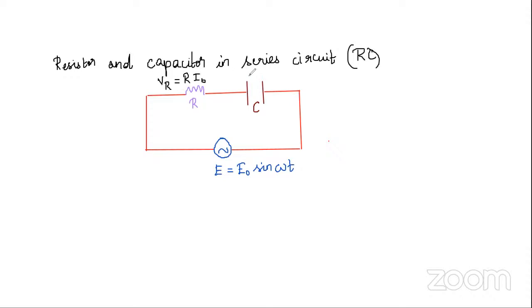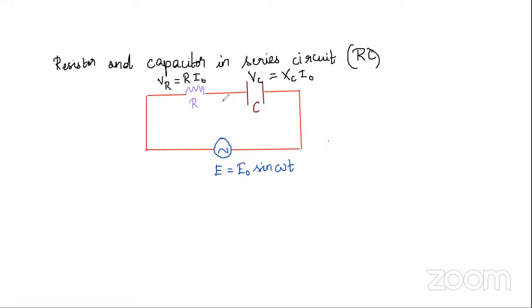And across the capacitance, it is V suffix C, which is equal to XC into I naught.